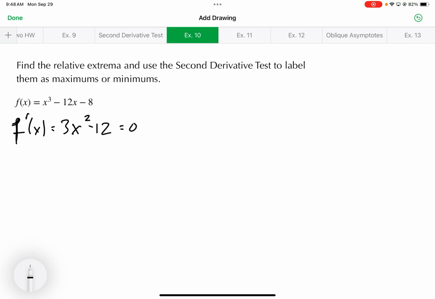Though I need to go to my second derivative and test the values, I still need to set this equal to 0. So factor a 3 out, set it equal to 0, and you get x equals plus or minus 2. So those are my two and only two candidates for relative extrema.